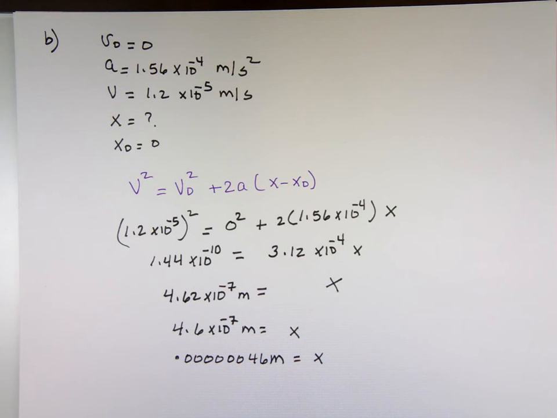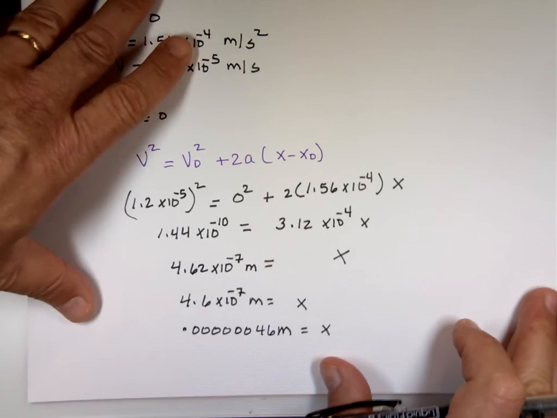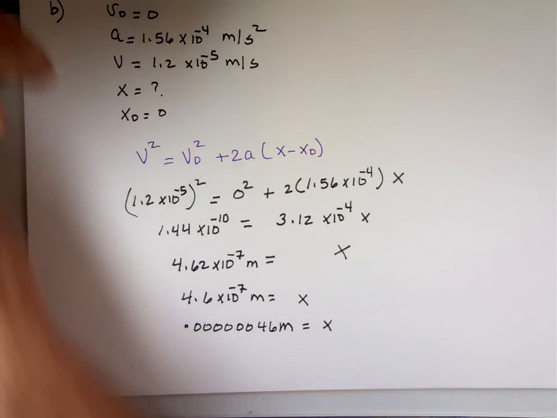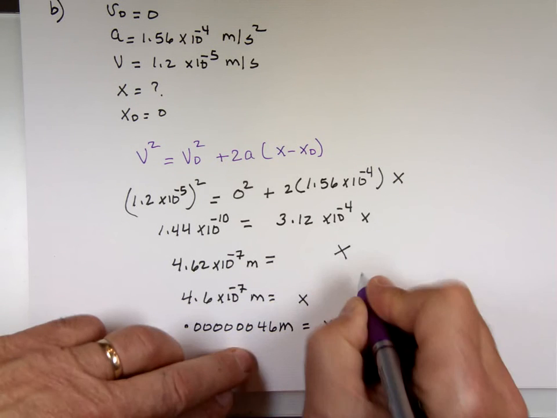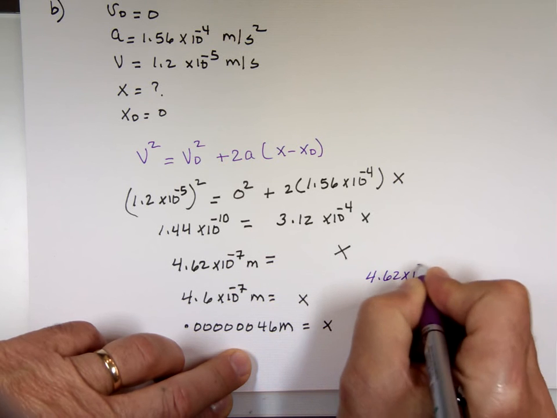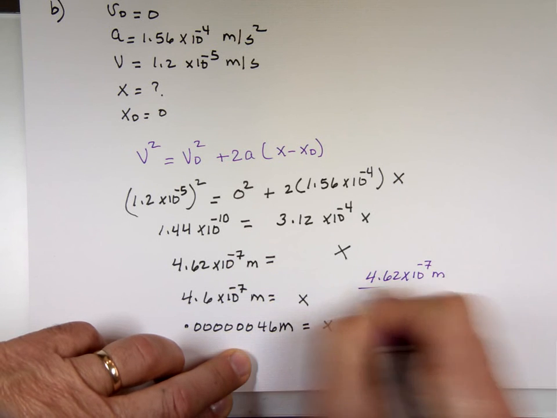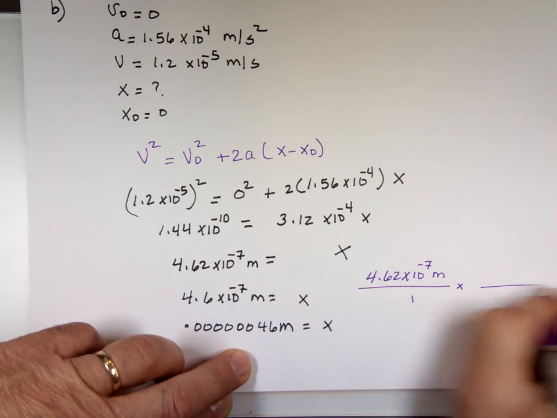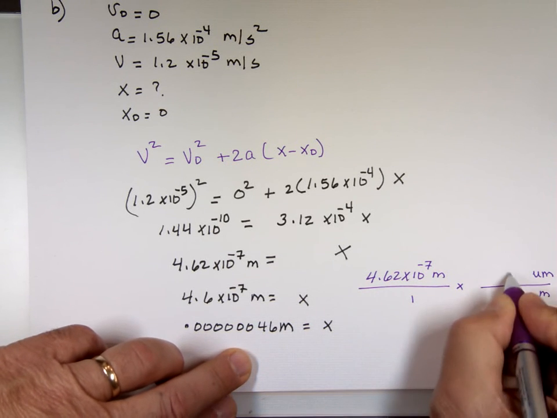Oh, I got it wrong, because it says write your answer in micrometers, not in meters. I didn't see that part. So how do you convert meters to micrometers? 4.62 times 10 to the negative 7 meters over 1, meters to micrometers. 1 micro is 10 to what power?